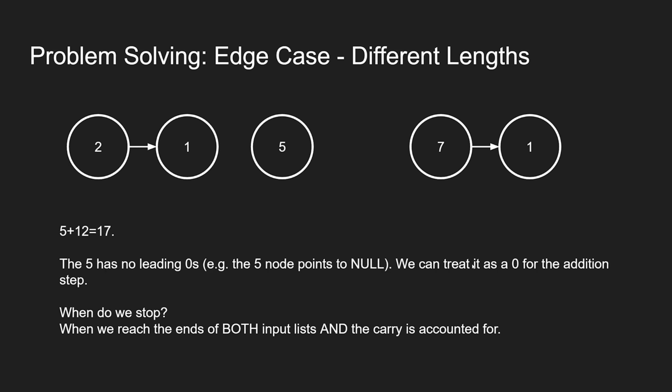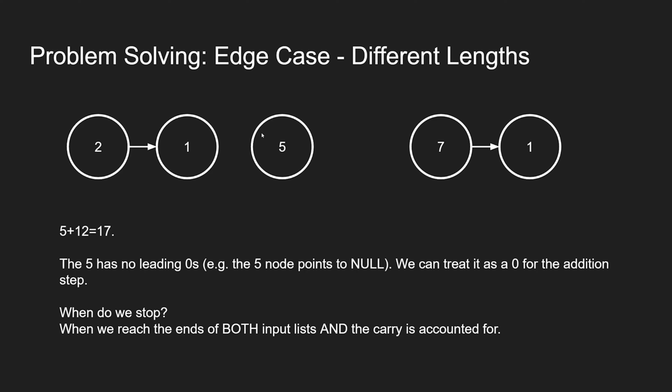And the last edge case is different lengths of input lists. So this is like 12 plus 5 is 17. But if we do it with just stopping at the end of either input list, it would be 2 plus 5 is 7, and then it just ends there. We want to make sure that this node is seen even though this node ends after one loop. So 5 plus 12 is 17.